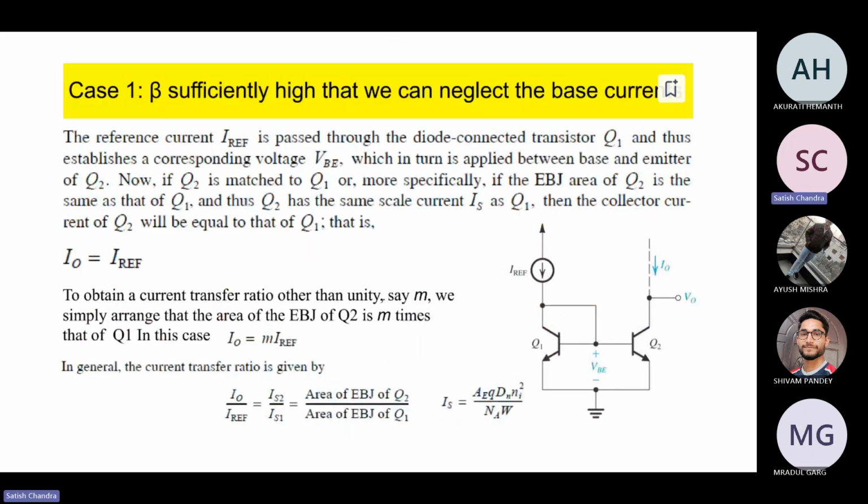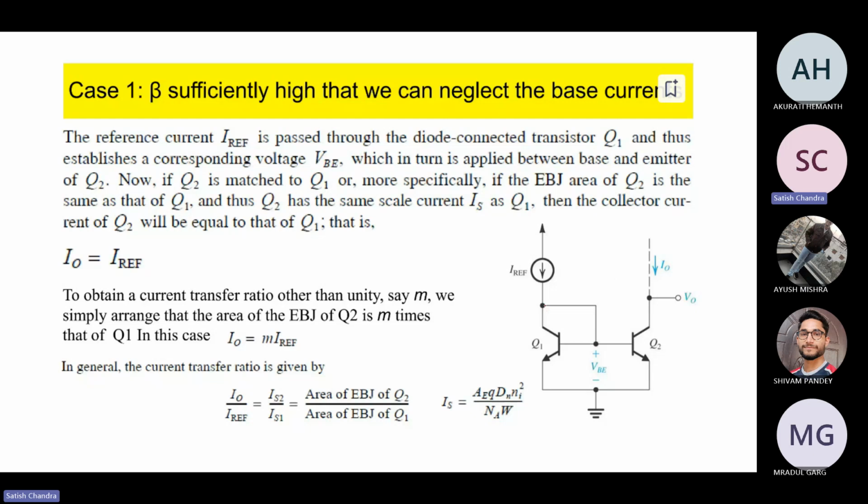Let's see how we are going to attain this. Case one, let's say beta is sufficiently high. Beta sufficiently high means the current going into the base will be zero, so we can neglect the base current. The reference current IREF is passed through the diode connected transistor, because we have joined the base and the collector, and thus establish a corresponding voltage VBE.